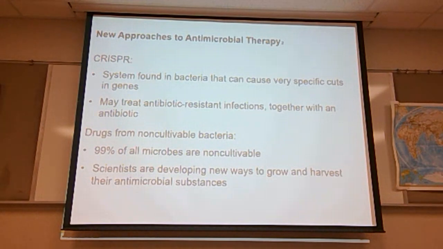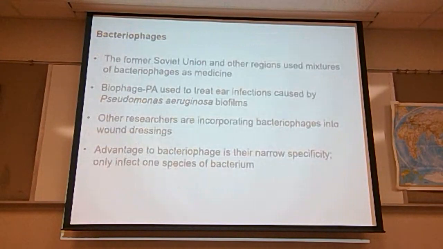All single-celled organisms, all bacteria, develop these antimicrobials because that's the only way they can survive, by having a way to keep themselves safe from others. But since most microbes we can't cultivate in the lab, we don't know what those different molecules may be.